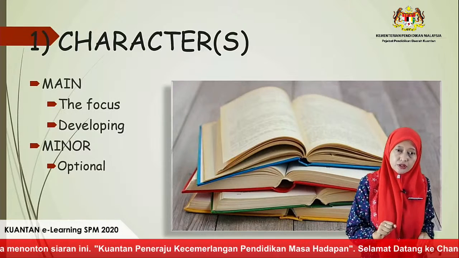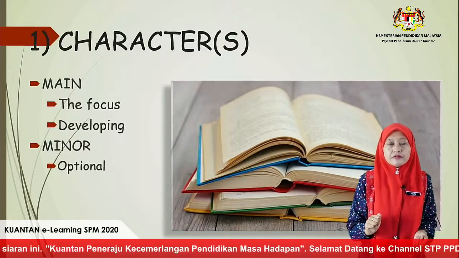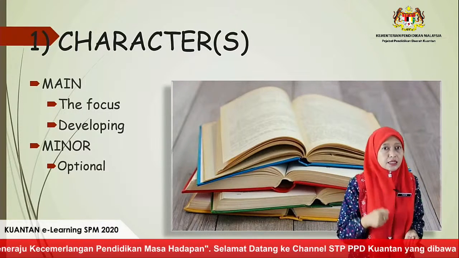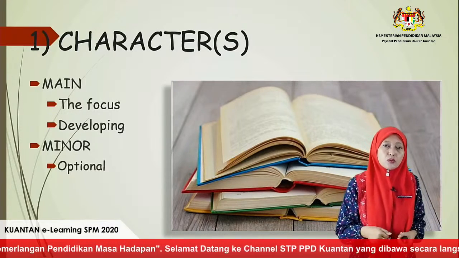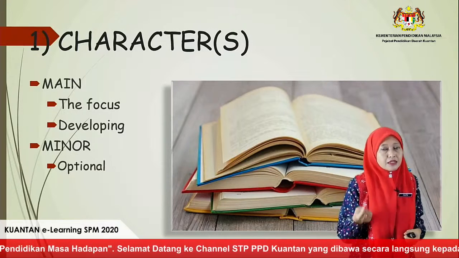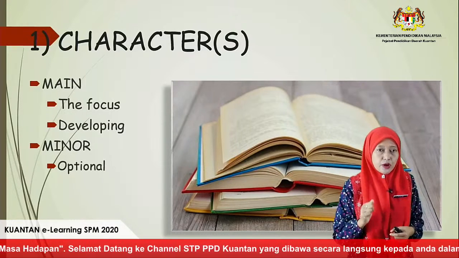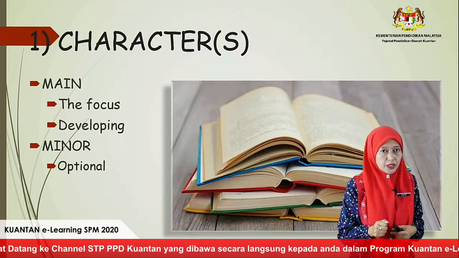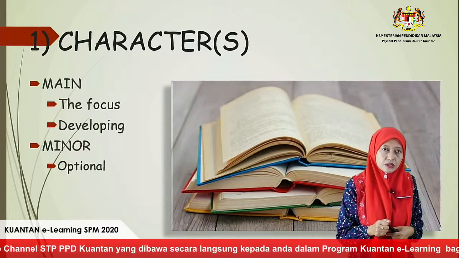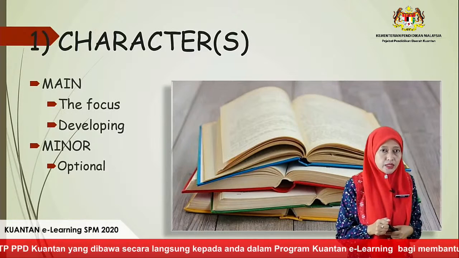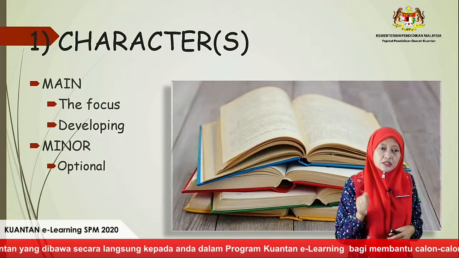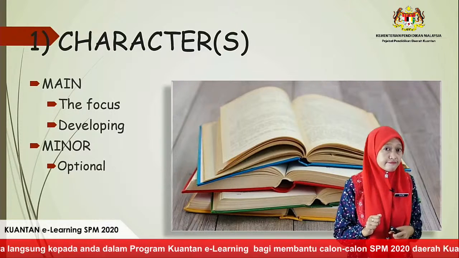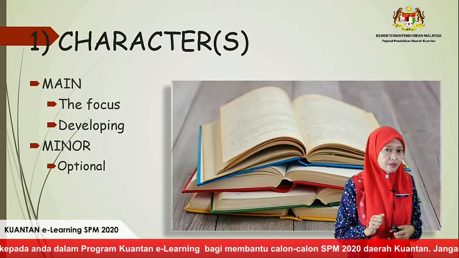This is optional. If you want to have one single character in your story, it is up to you. It depends on what you are writing, and on your style. For example, remember Captain Nobody, your literature novel that you should be doing for your literature component. In the story, the main character would be, you remember his name?